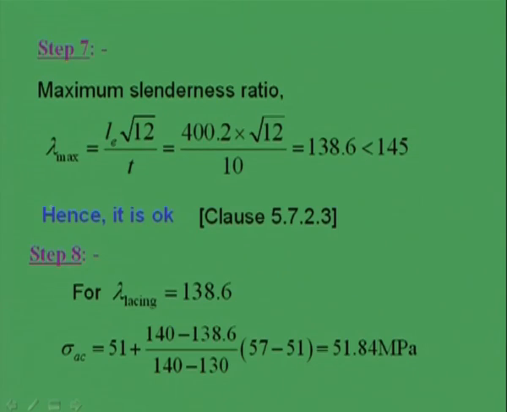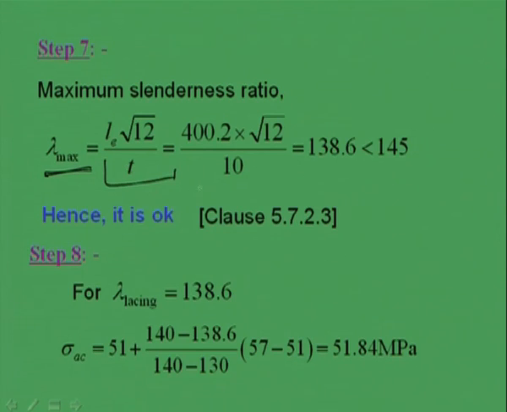Next, we have to check the maximum slenderness ratio. For the rectangular bar, we know from the earlier equation that it will finally become LE root over 12 by T. For other section shapes, suppose an angle section or some other section is used as a lacing bar, then we have to find lambda max from the equation LE by R, where R is given in the table.